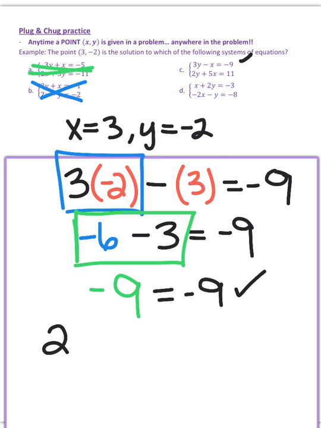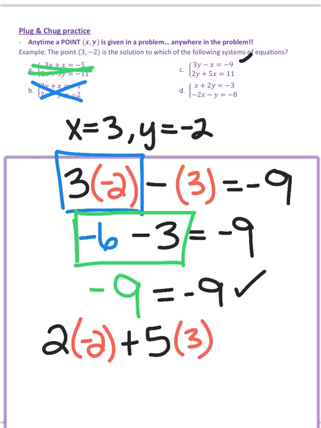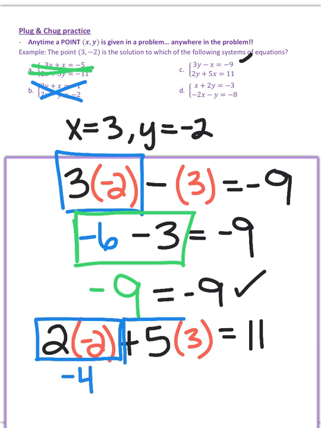2 times y. So 2 times negative 2 plus 5 times x, or 5 times 3, does that equal 11? So I have a multiplication here. 2 times negative 2 is negative 4. And then I also have a multiplication here. Positive 5 times a positive 3, which is positive 15.